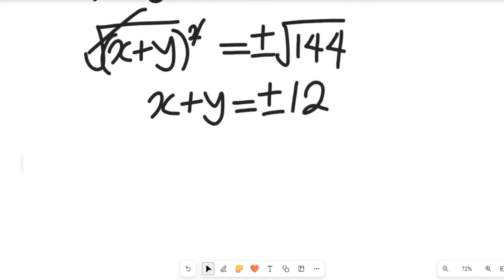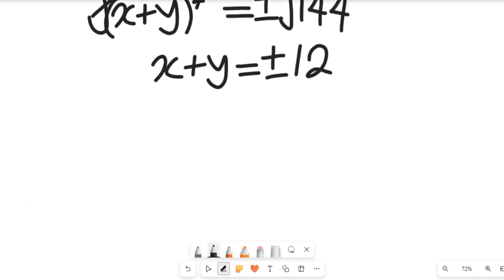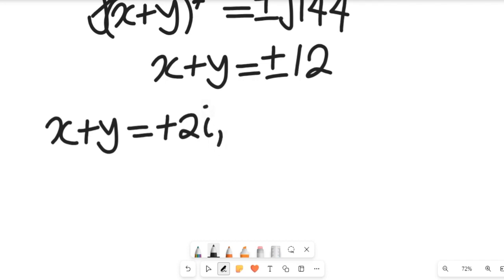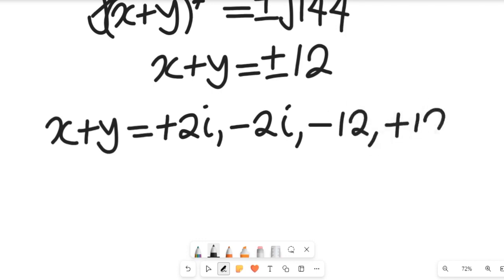Great. So the four different solutions to that expression is we're going to have our x plus y to be equal to plus 2 imaginary, minus 2 imaginary. We're going to have minus 12, and then we'll have our plus 12.